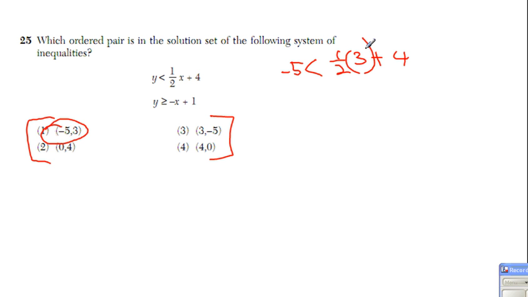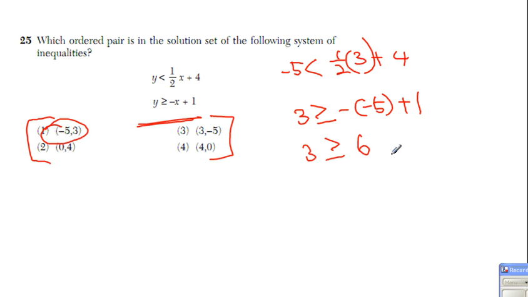Now, this one seemingly makes sense. Let's look at the second one. 3, is that greater than or equal to negative 5 plus 1? Now here it becomes 3 has to be greater than or equal to 6. Does that make sense?